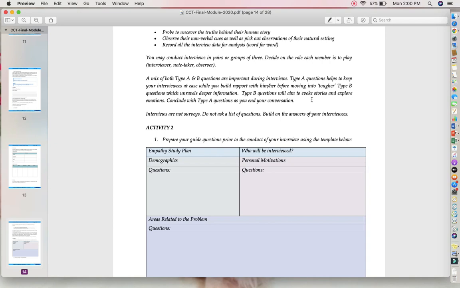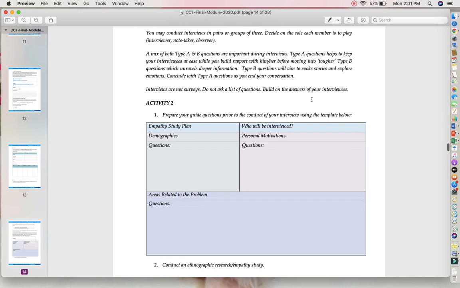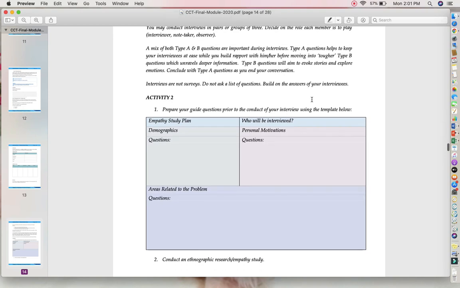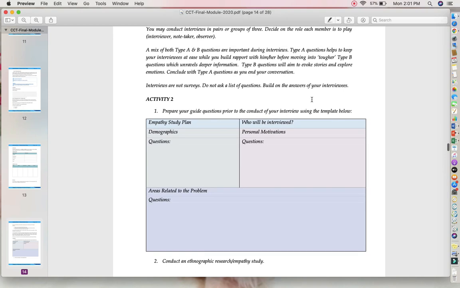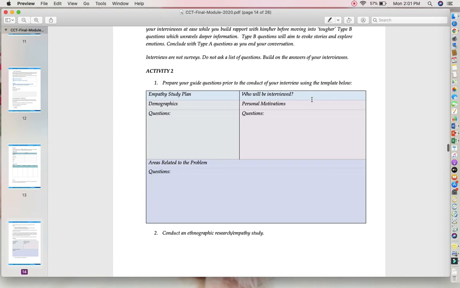Something that is difficult for them to share, something about their problems, which are somehow difficult to share with other people.